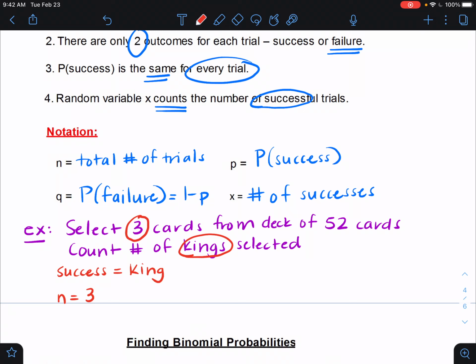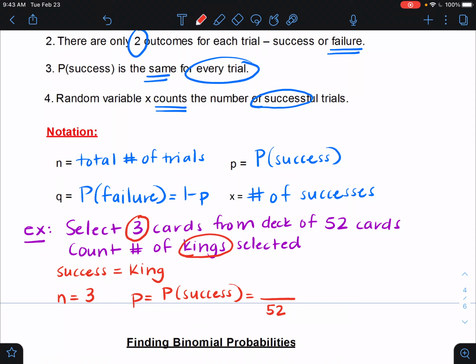I've defined a success as selecting a king. So now I need to make sure that I can define P, which is the probability of that success, and I have to make sure it's not going to change. Let's think about the first card. We're not given the probability here, so we're going to have to calculate it. Probability is event over total. I've got 52 cards to choose from.